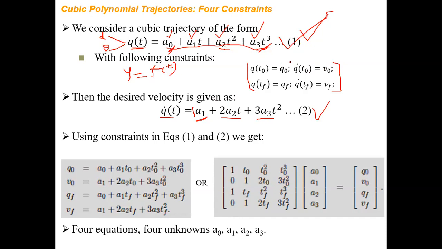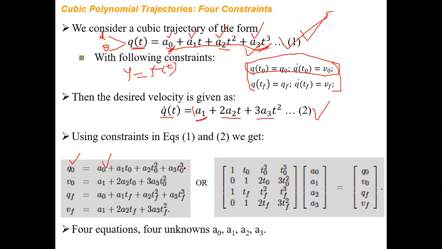First of all, let's use these two constraints for these 2 equations. So what do you get? q(t0) is q0, so my left-hand side is q0. Then a0, then a1 t0, a2 t0 squared, a3 t0 cubed.